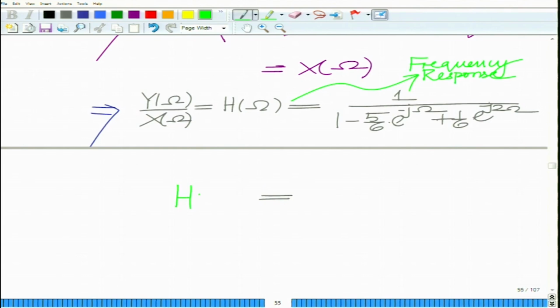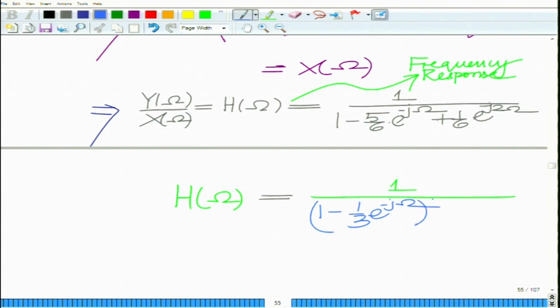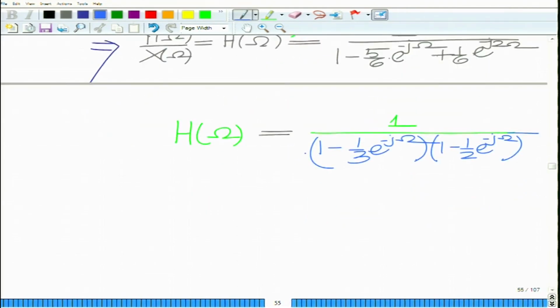So, I have H(omega) equals 1 over, and you can easily factorize this, 1 minus 1/3 e raised to minus j omega into 1 minus 1/2 e raised to minus j omega. And now, split this into partial fractions, the partial fraction expansion.